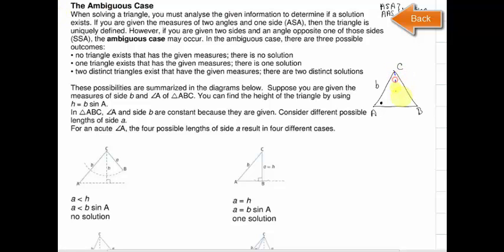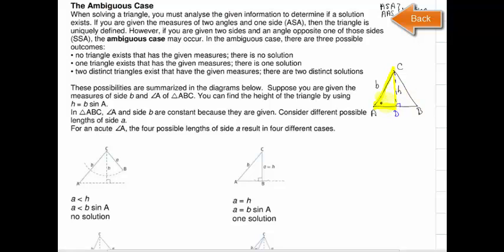So let's drop a perpendicular line from C to the base. And let's call this point right here D. Okay. So you can see that we have a right triangle here, which is called ACD. And let's label our height H.